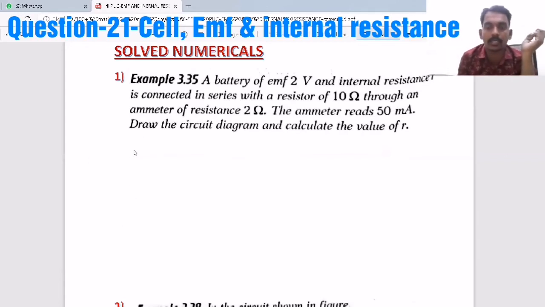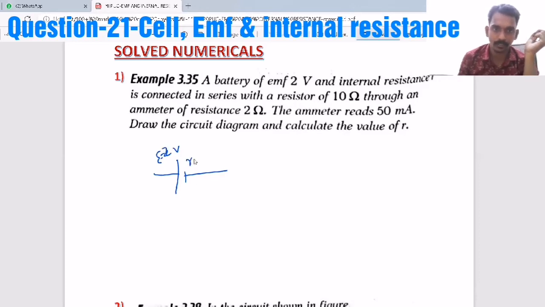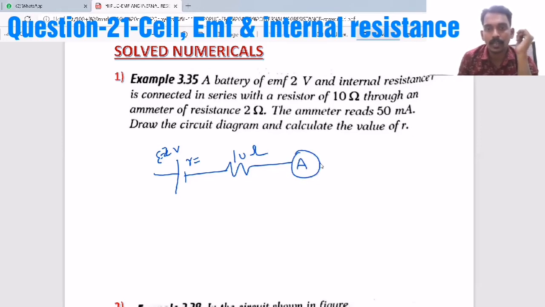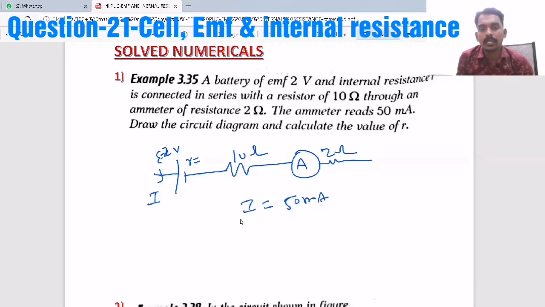Draw the circuit diagram and calculate the value of R. A battery of EMF 2 volt and internal resistance R is connected in series with a resistor 10 ohm through an ammeter, and ammeter resistance is 2 ohm. The ammeter reads the current as 50 milliampere. Draw the circuit diagram and calculate the value of R.